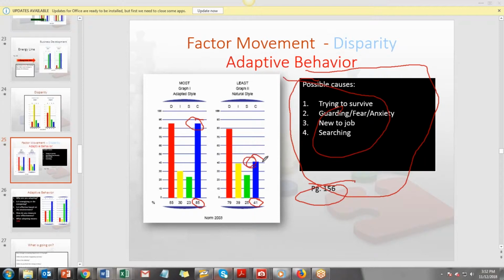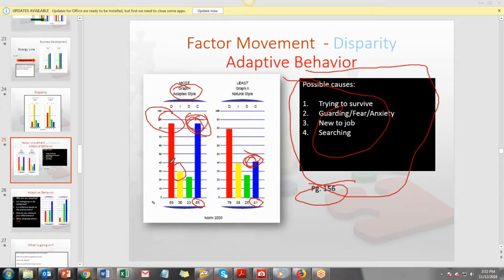All right, let's talk about the emotions. If we see the C go up on the adaptive style, what's the emotion of the high C? The emotion of the D is anger.